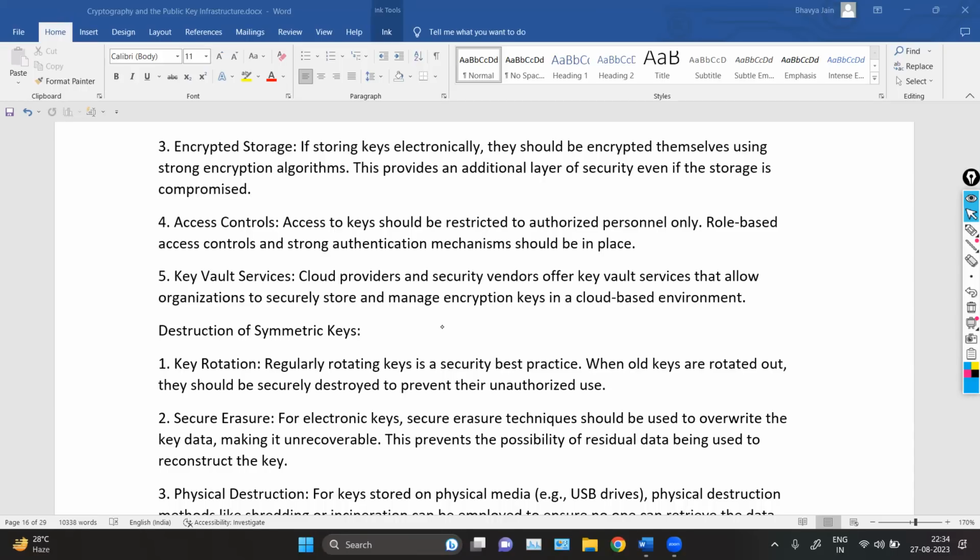Then we have key vault services. Cloud providers and security vendors offer key vault services. You have heard of app lock in Android phones or iOS. App lock is similar to a key vault.